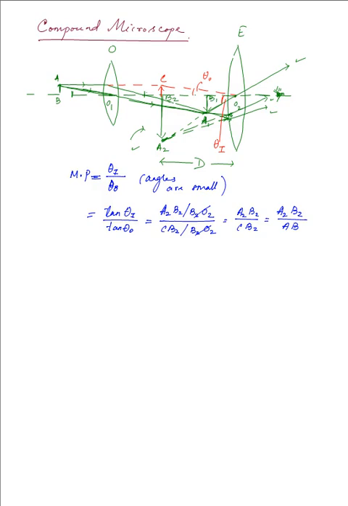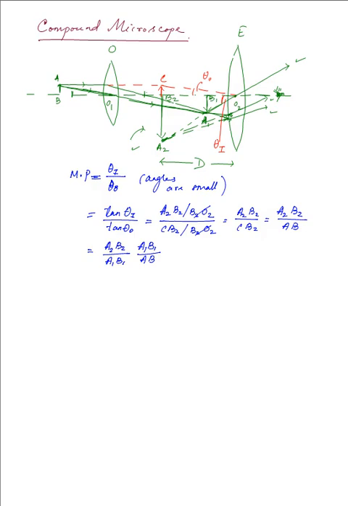Now, A2B2 over AB. Well, I can just write it as A2B2 over A1B1, dividing by the A1B1 factor and again multiplying it over there. So A1B1 gets multiplied and I have the AB present as well.